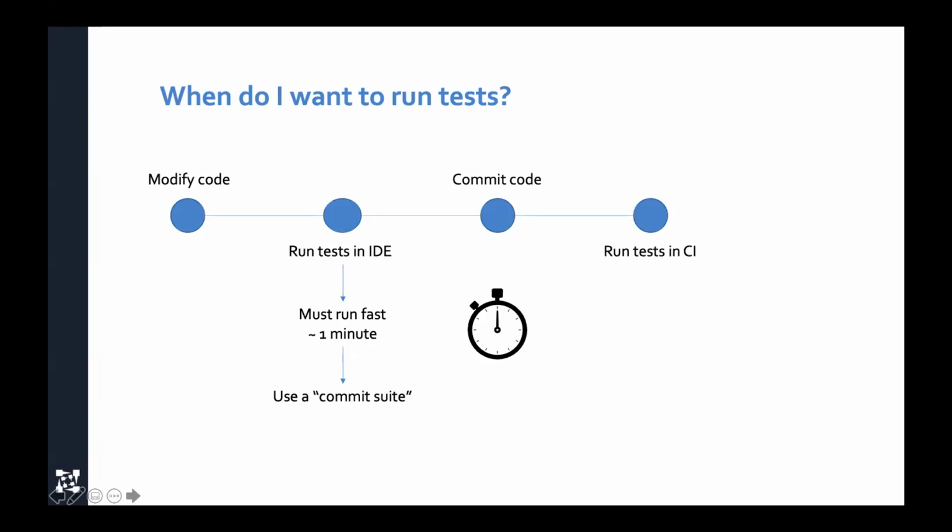Now, typically, most people would expect that a CI test execution of unit tests takes between 10 and 20 minutes.